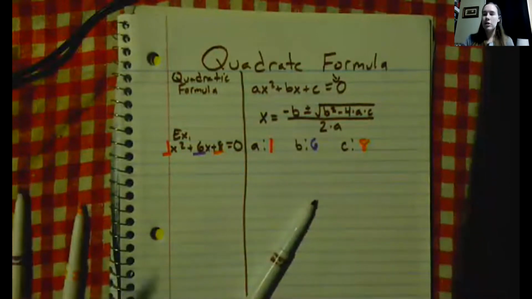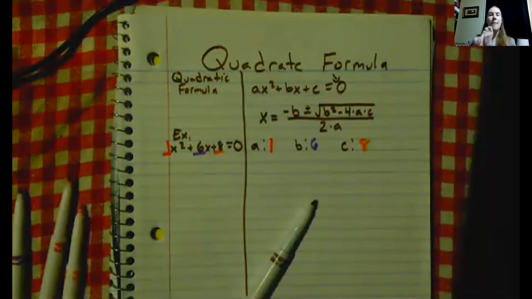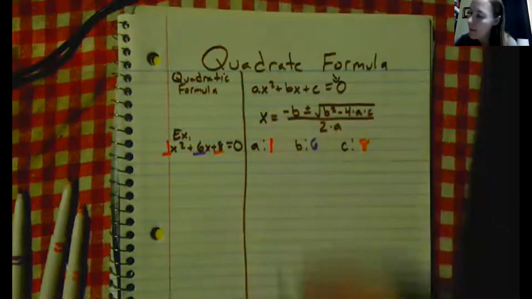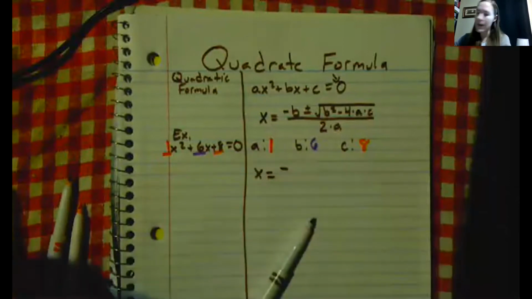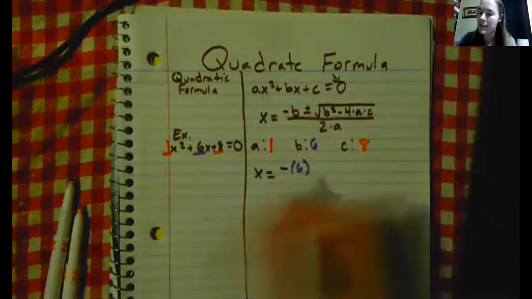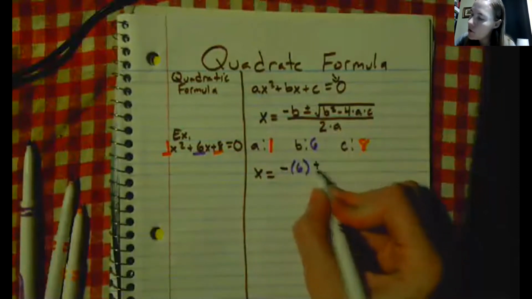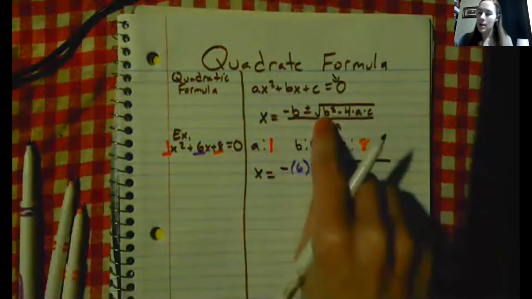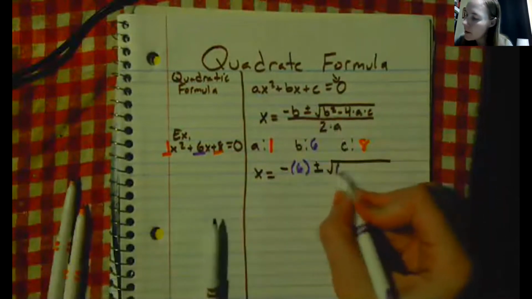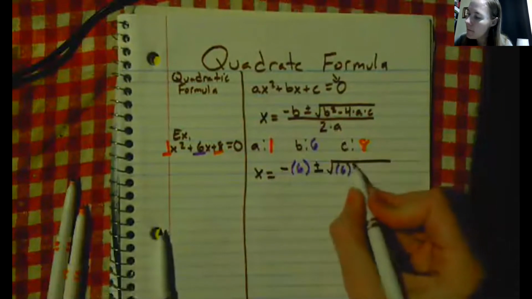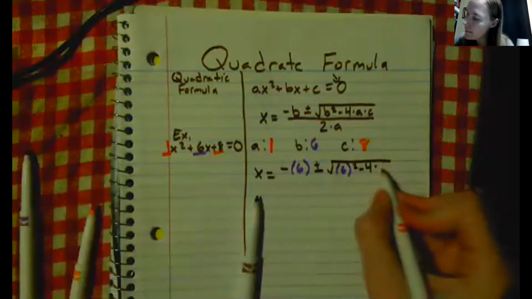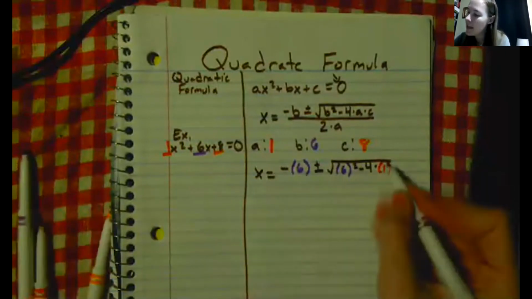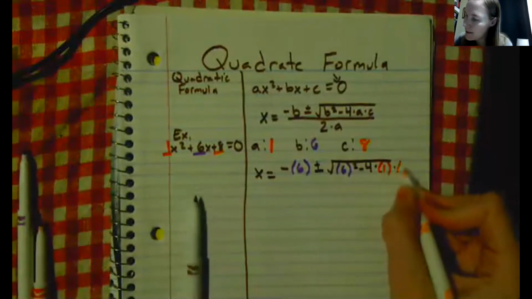So now the first step is to identify our A, B, and C. Our next step is to actually plug into our formula. So I have x equals negative, my b is 6, so instead of putting the b, I'm going to put 6, plus or minus the square root, and again I have b squared, so I have 6 squared, minus 4 times a, my a is 1, times c, and my c is 8.